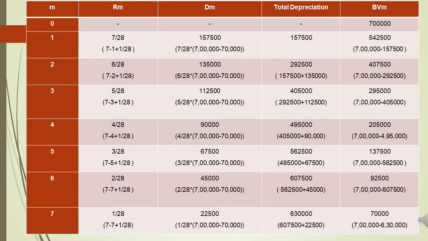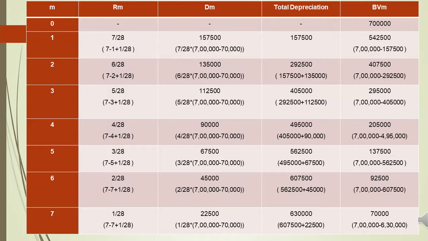My answer will be 4,95,000. Next, similarly, I am going to calculate the total depreciation of the fifth year. So I am going to add the total depreciation of the previous year plus the DM of this year. That is 495,000 plus 67500. Similarly, the total depreciation of the sixth year is 562,500.